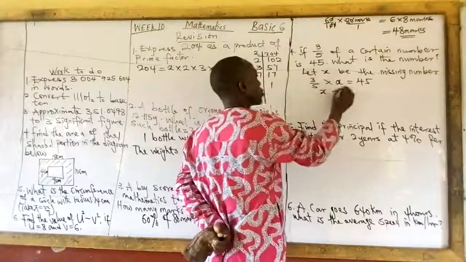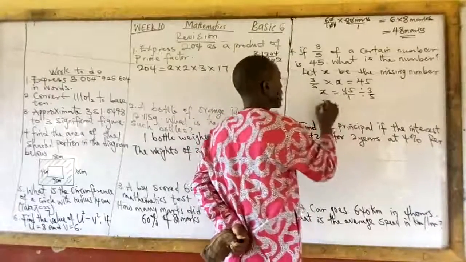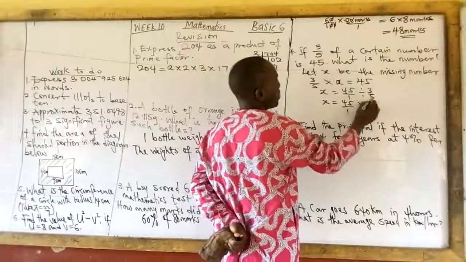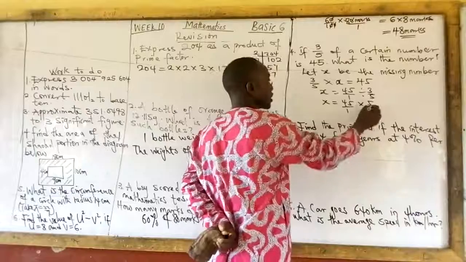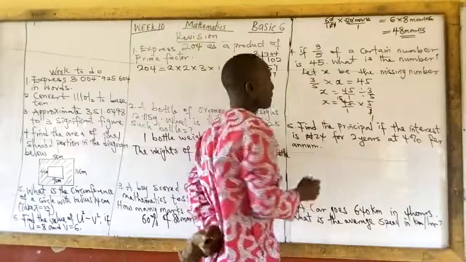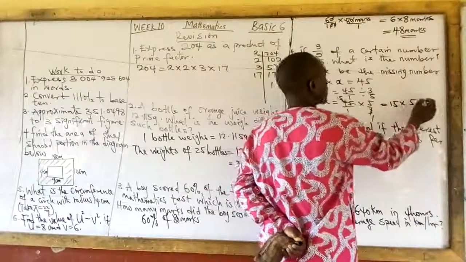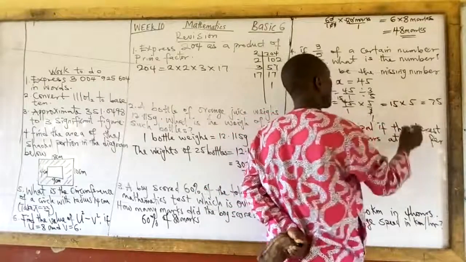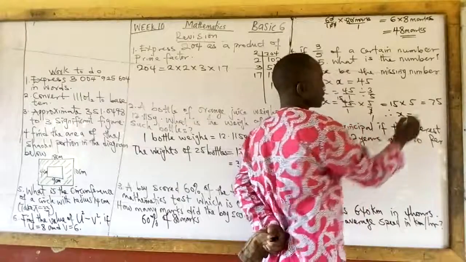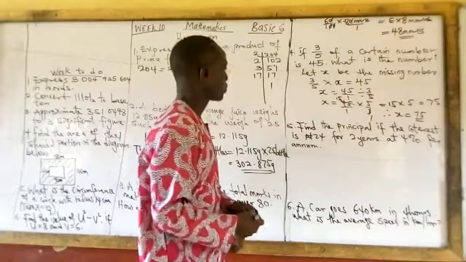That is x equals 45 over 1 divided by 3 over 5. x will be equals to 45 over 1 times 5 over 3. 3 into 45 is 15. Now, what do we have left? 15 multiplied by 5 equals 75. Therefore, the value of x will be equals to 75.